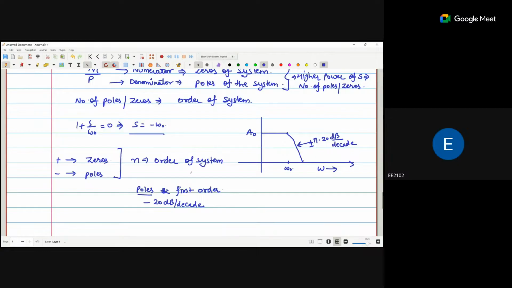So this slope is downward because it is negative. If any zeros are available, our slope will be positive. Again plus or minus n times 20 dB per decade.